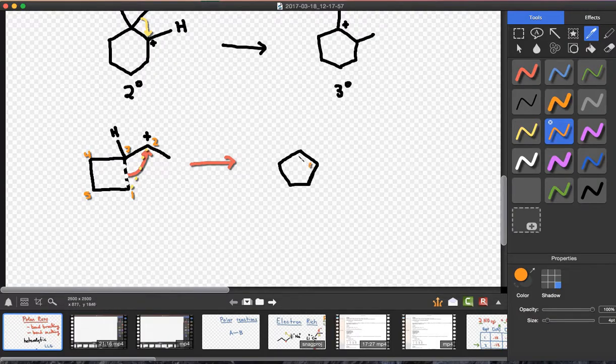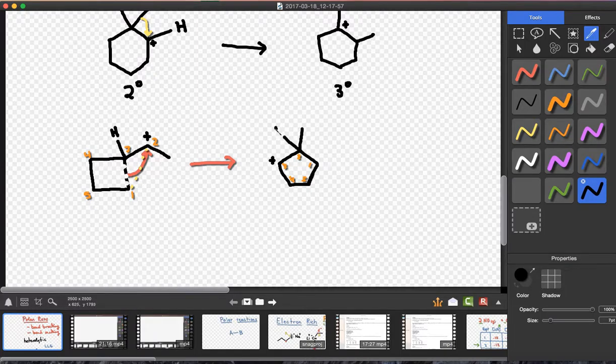So I'm just going to label it as 1, 2, 3, 4, and 5. And carbon 2 has a methyl group. Carbon 3 has the positive charge.